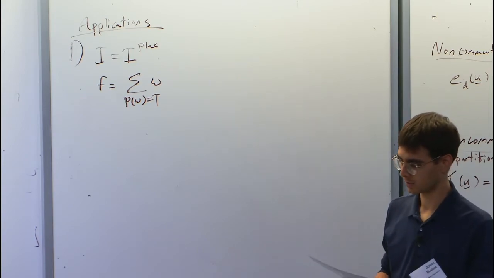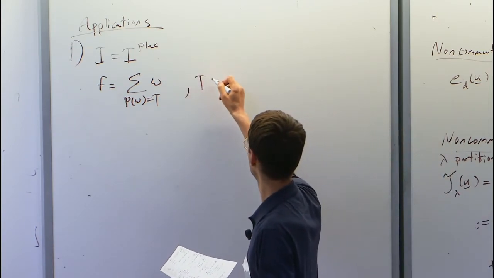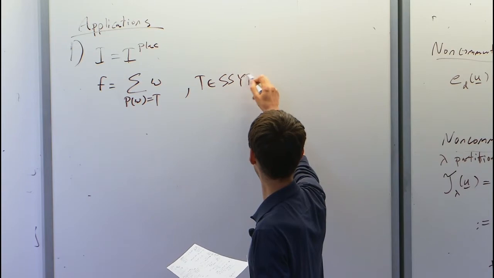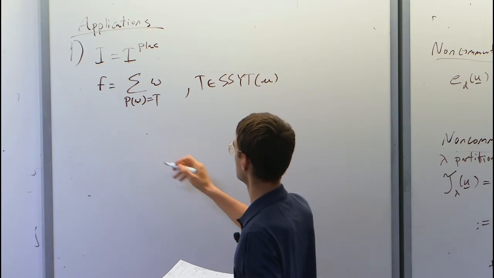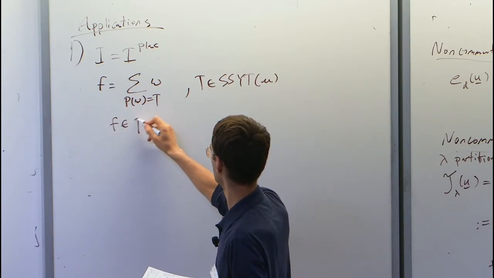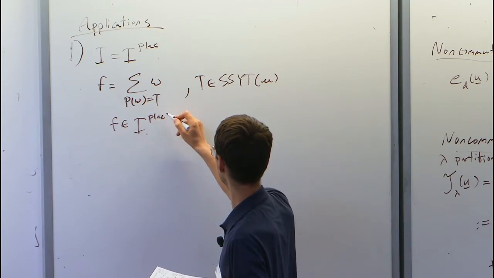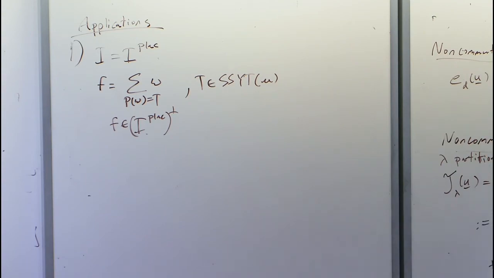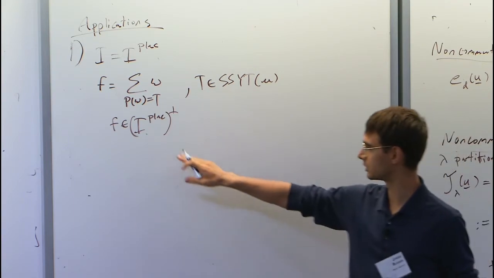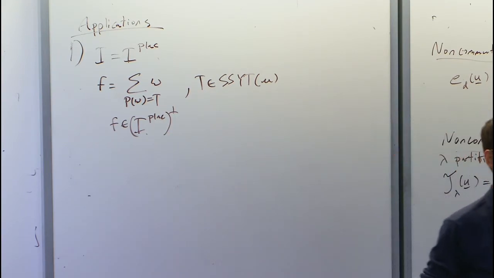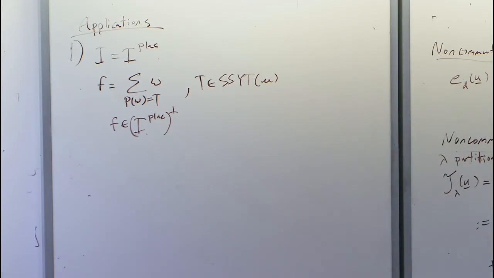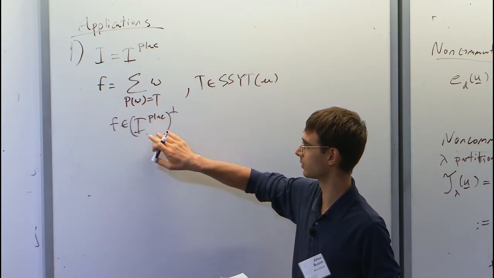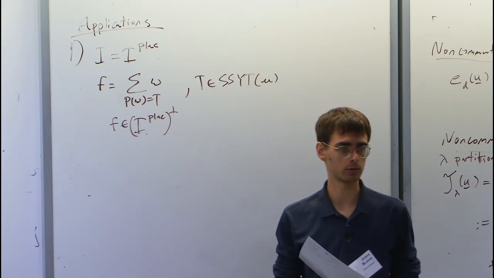Here T is some semi-standard Young tableau. And note that F, I'm not going to prove this for you, but the sum of the words in a Knuth equivalence class lies in this orthogonal complement of the ideal. And such sums form a basis for this orthogonal complement.